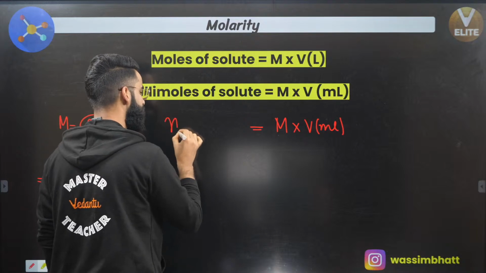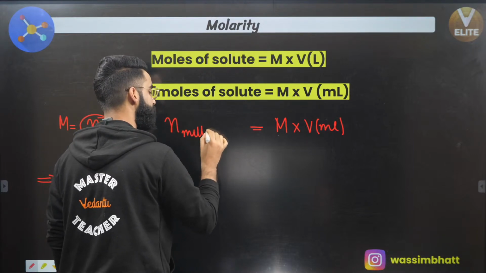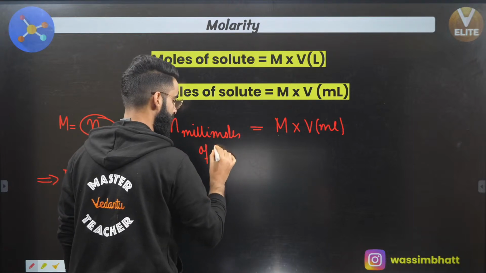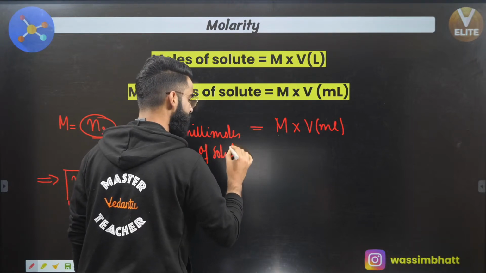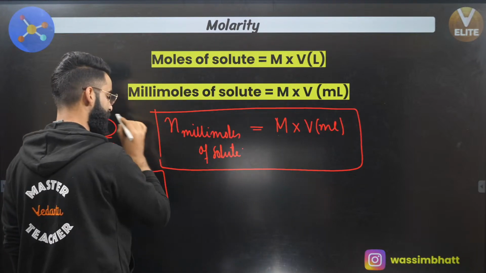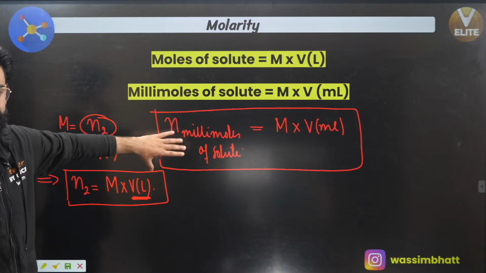I'll call it the number of millimoles of solute. Remember this as well. This is important, which I'll be using in the next session, when I teach molarity of dilution and molarity of mixing.